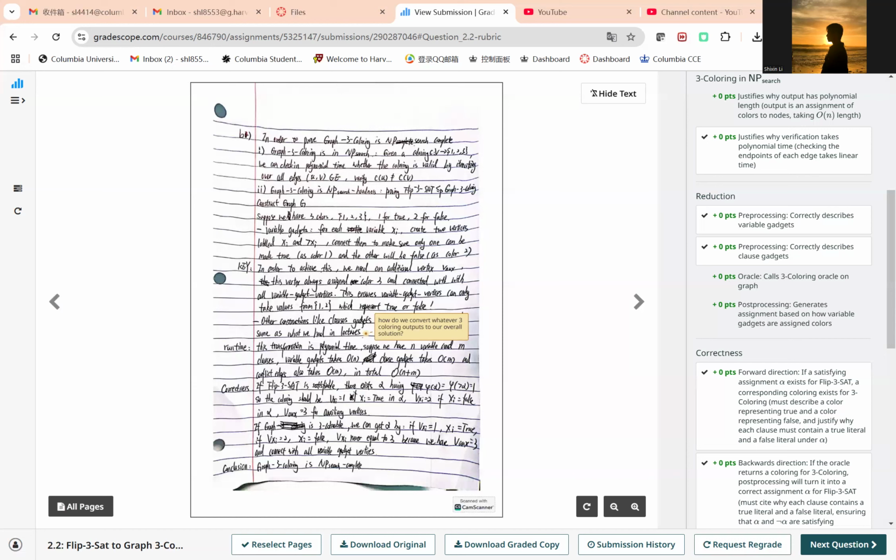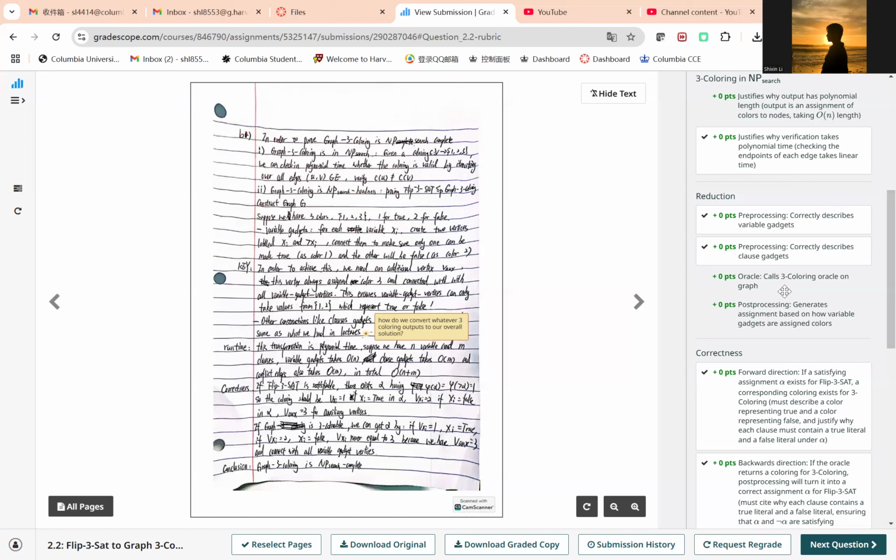Because the positive xi has color A, and the literal xi has color A, the final evaluation of it is true. So xi is true, which means that xi is 1.